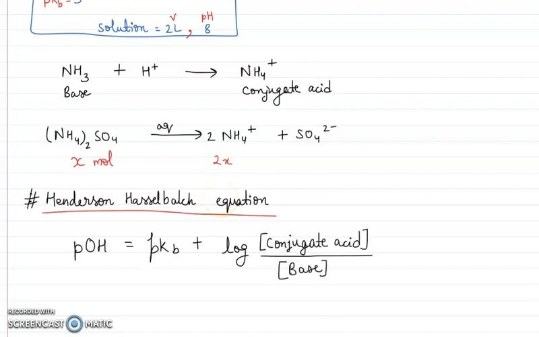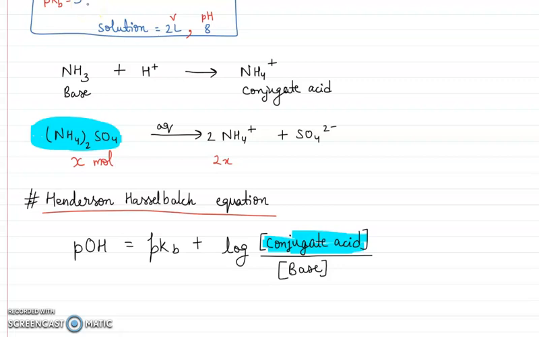We have to calculate the number of moles of ammonium sulfate, that is X moles. So first we would calculate the conjugate acid concentration, whose moles are 2x.